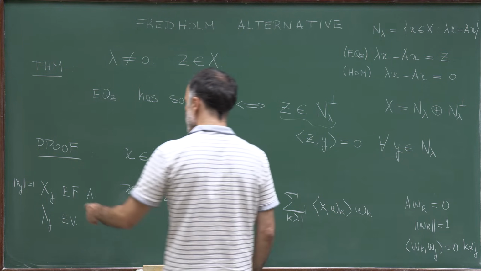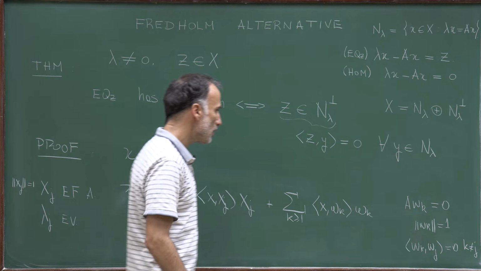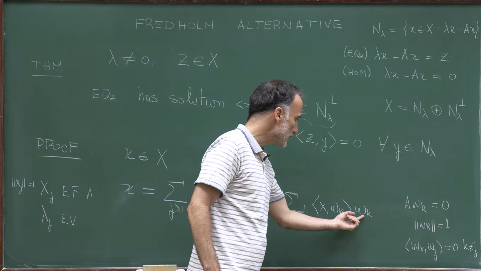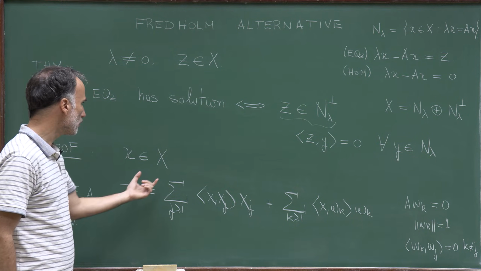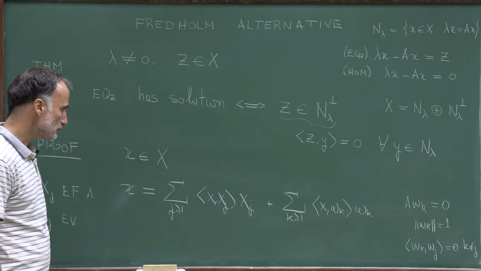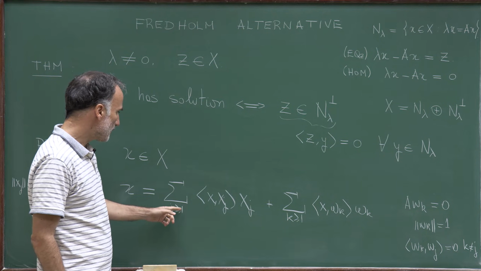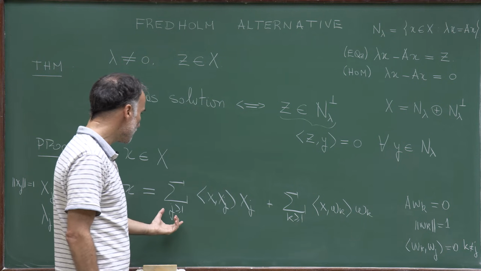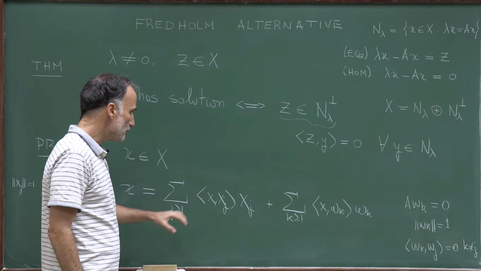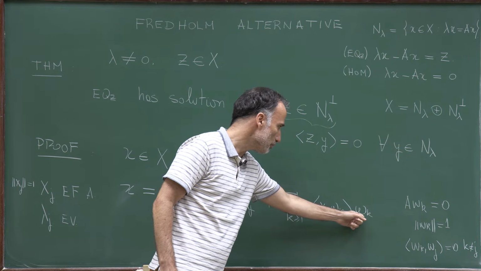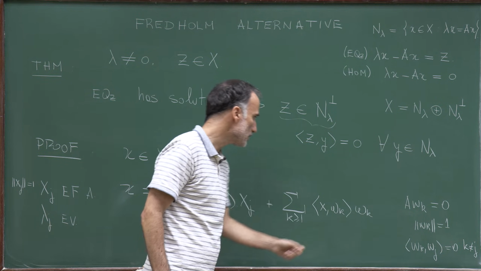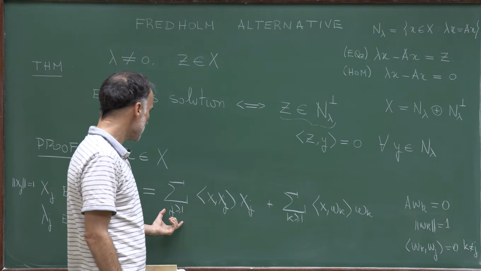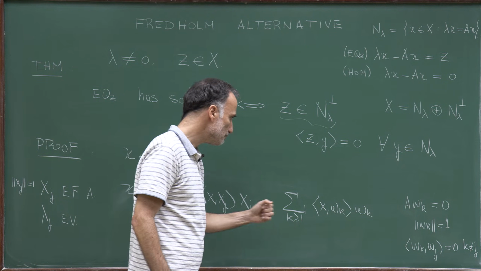And also the x's and the w's are orthogonal, which means that the xj and the wk form an orthonormal basis of X. Let me just point out that maybe in these sums there are no terms. So maybe the orthonormal basis is made only of wk's, or maybe only of xj's, or it can have both.